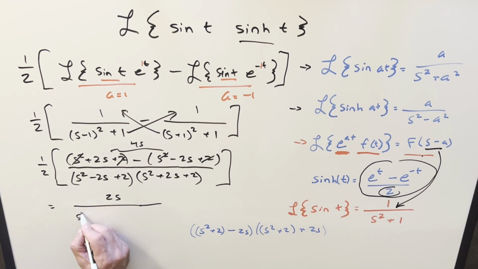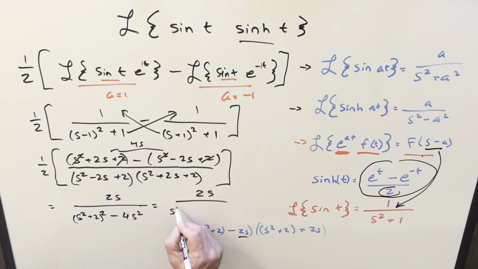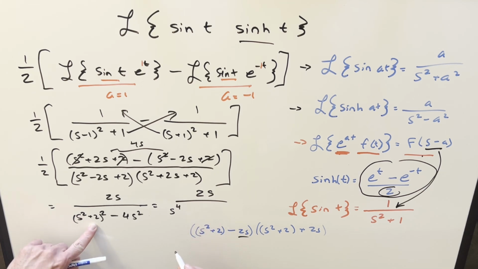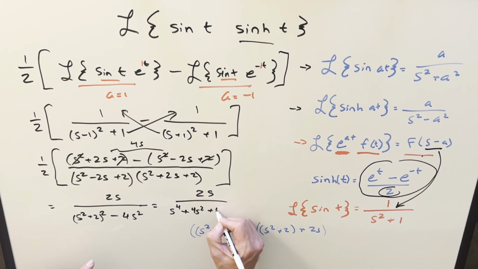With the difference of two squares formula, we have s squared plus 2, this piece squared, minus, squaring this, 4s squared. Then we can simplify it more. I'm not sure if I took an inefficient way here. I might have done something twice, but I don't care that much. So let's just do it. We multiply this out and get s to the 4 plus 2s squared plus 2s squared is 4s squared, and then plus 4 minus 4s squared.